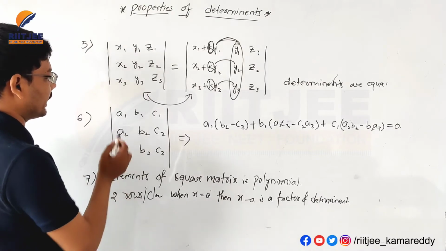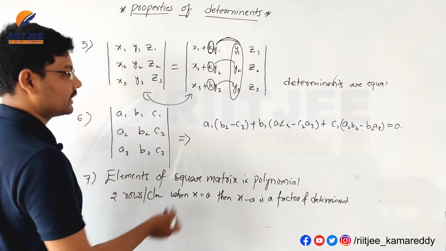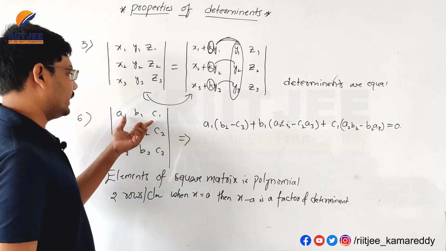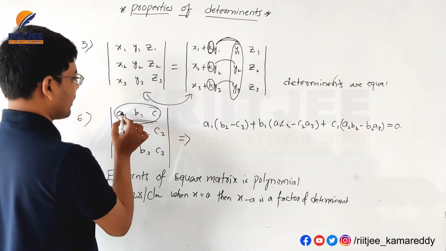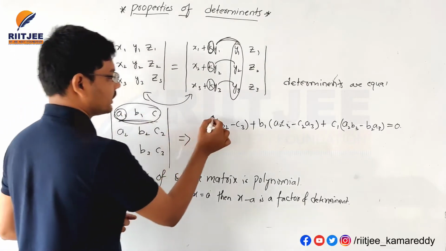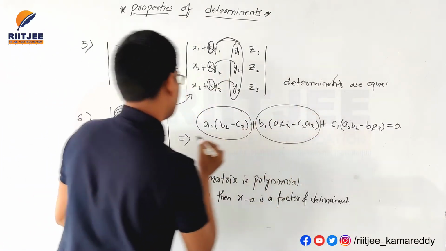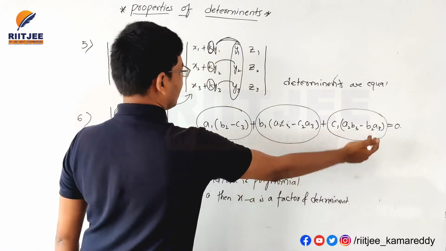I am taking a1, b1, c1, a2, b2, c2 and a3, b3, c3. The sum of the products of elements with cofactors of another row or column is equal to 0. Here I am taking the cofactors of a1, b1, c1.